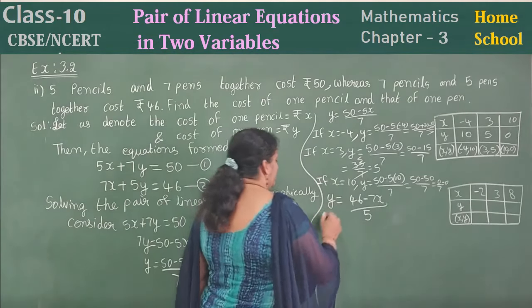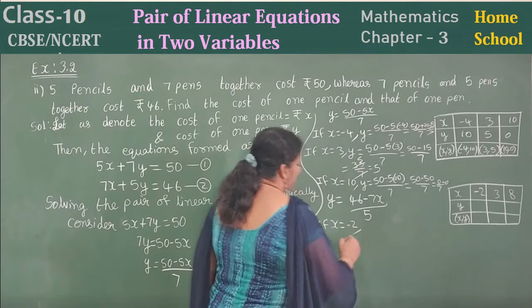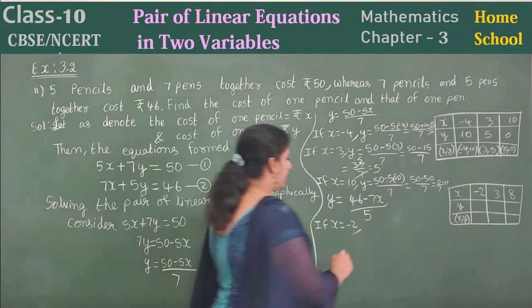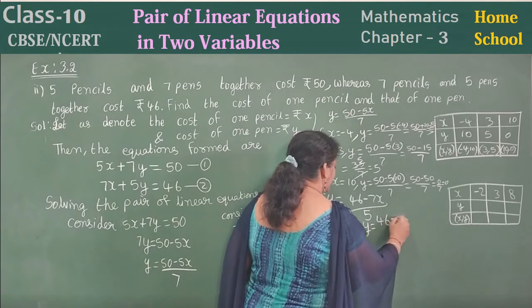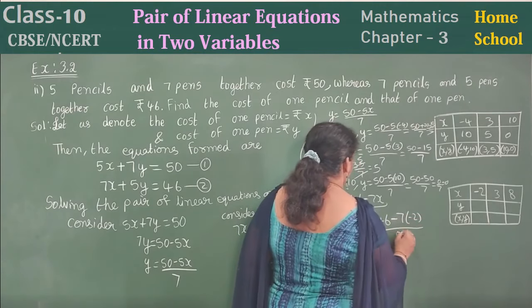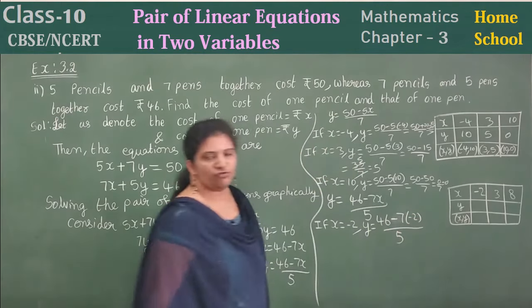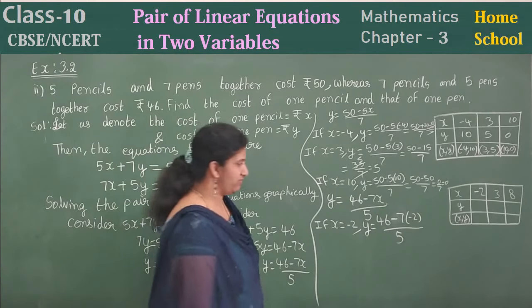So now, if x is equal to minus 2, what happens? y is equal to (46 minus 7 into minus 2) by 5.